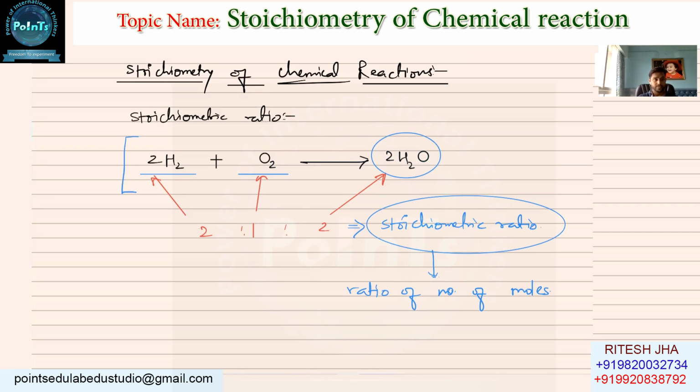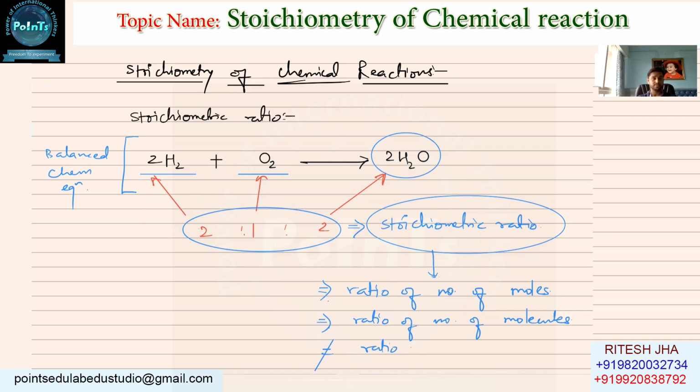So from the balanced chemical equation, the ratio that you are getting is known as the stoichiometric ratio, which is the ratio of number of moles. It can also be known as the ratio of number of molecules, but it is not equal to the ratio of masses.